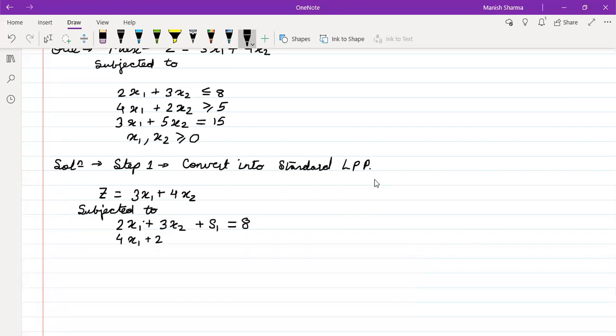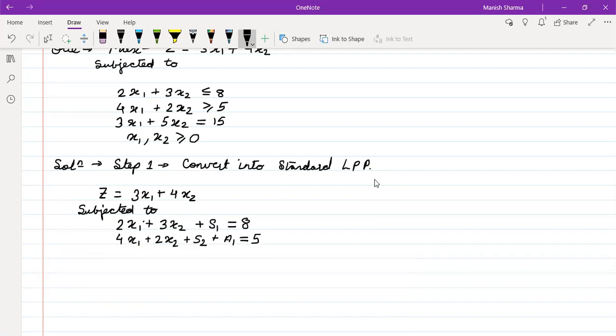plus 2x2 plus S2. Since slack and surplus variable both are represented by S, I have written S2. Plus A1. Why A1? Artificial variable. Since this is greater than or equal to, I have to add one surplus variable and an artificial variable. A1 is equal to 5.